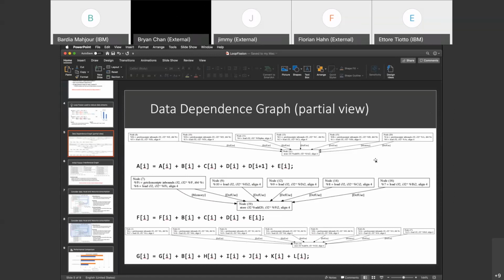So for distribution, this is actually a better situation to be in because you can clearly see that the two statements are independent. Now, if there was a dependency on the same definition, then you would have to generate the definition for both nodes somehow, right? That's something that we're aware of.